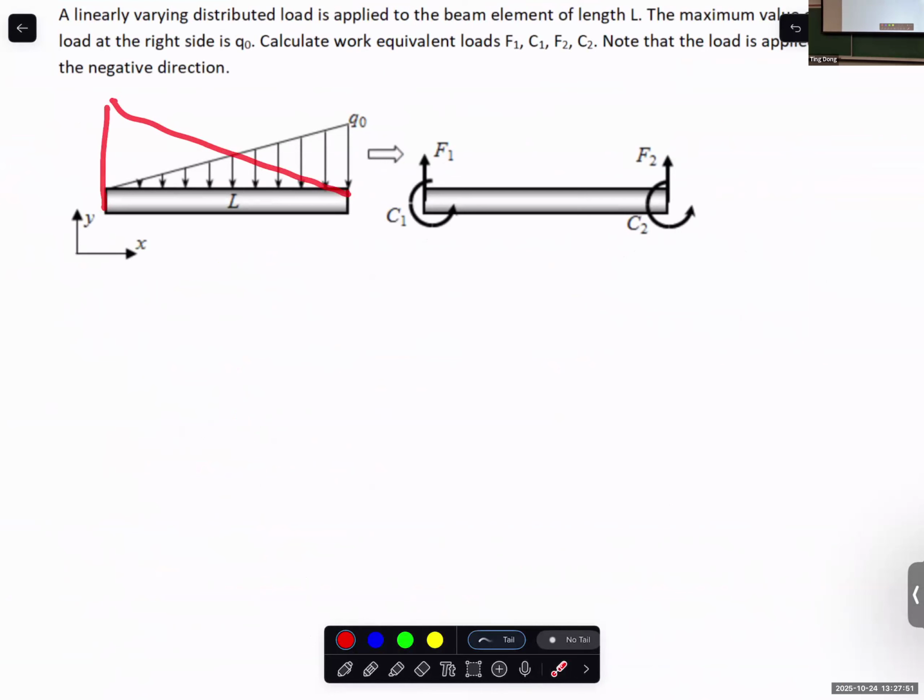Yeah. Let me put it here. Still going down, going up? The direction is going up or going down? Going down. What do you guys think? What should be the function?